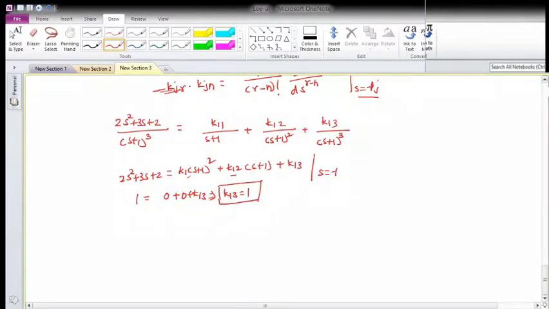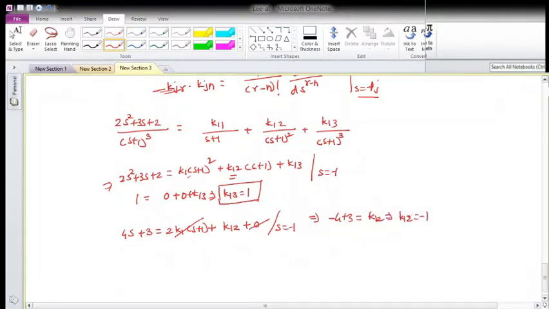Now to get k12, I'll differentiate one time, so it will be 4s + 3 is equal to 2 times k11 (s + 1) plus k12 plus 0. This vanishes, and I evaluate at s is equal to minus 1, so it will be minus 4 plus 3, which is simply k12. So your k12 will be minus 1.